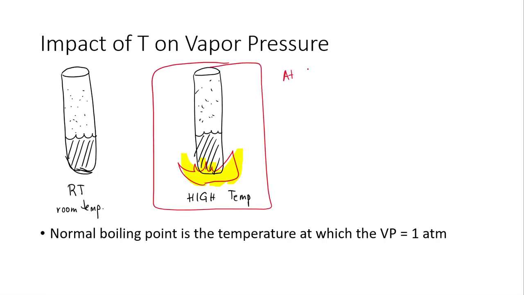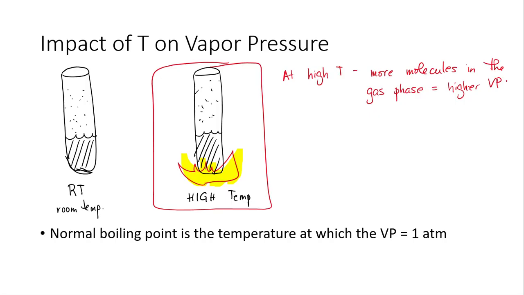At high temperature, more molecules will be in the gas phase, which leads to a higher vapor pressure. You've got more molecules up there, they're going to be exerting more force.